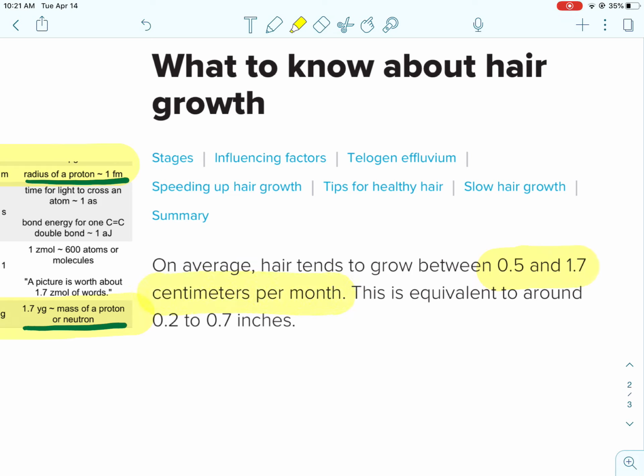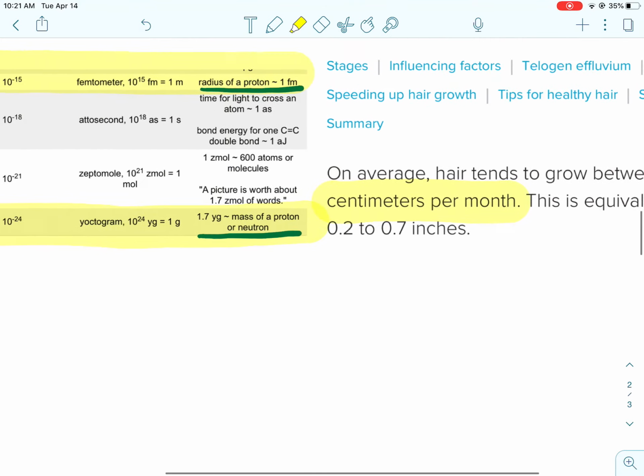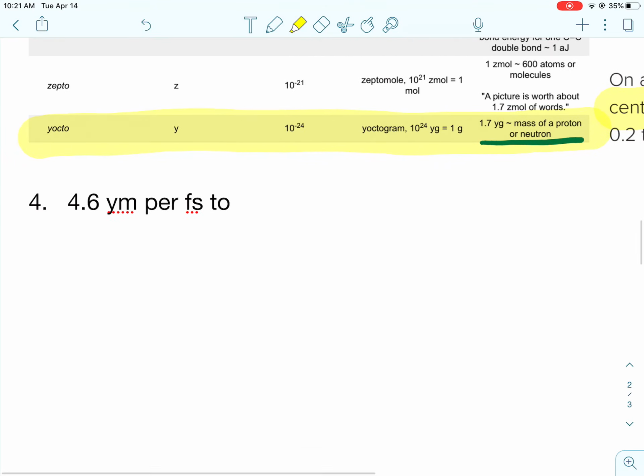Right? The other thing that we need to know is how fast hair grows. So on average, hair tends to grow between 0.5 and 1.7 centimeters per month. And then it tells you what that is in inches, but I don't think that we would want to use inches in this. It's going to be easier to go from yoctometers to centimeters.